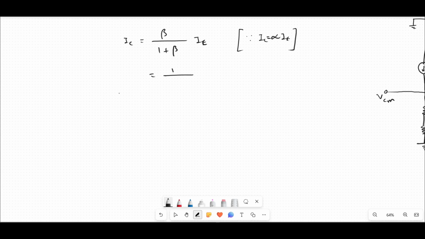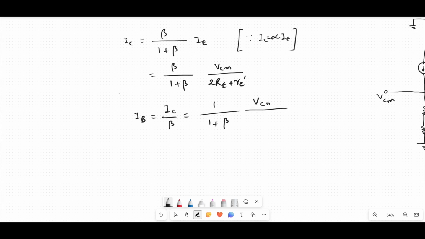By putting the value of IE, we'll have VCM over 2RE plus RE dash. Now again we know IB equals IC by beta. So this is 1 by 1 plus beta times VCM over 2RE plus RE dash.